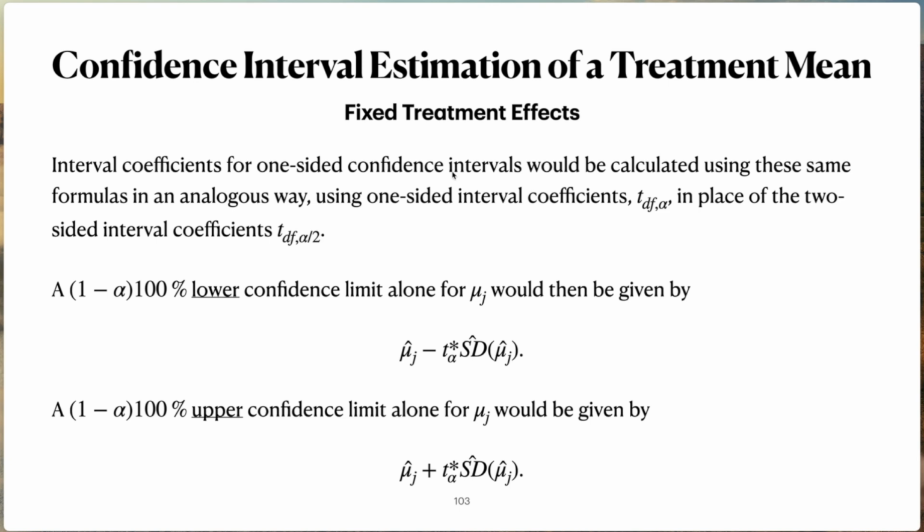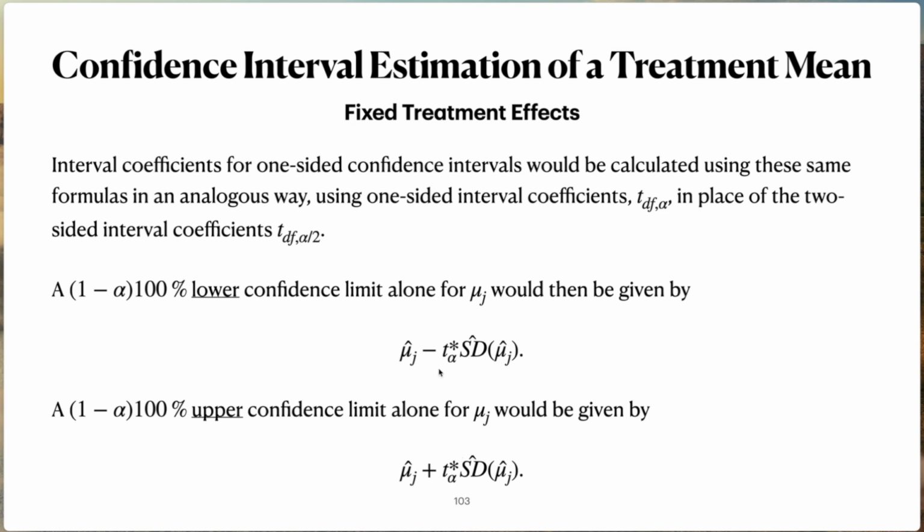And that would give us our approximate interval coefficient. So if all we needed was a lower confidence limit, and in particular a 1 minus alpha times 100% lower confidence limit for mu sub j, then this would be the formula for that. If what we needed was a 1 minus alpha times 100% upper confidence limit alone for mu sub j, then instead of subtracting, we would add.